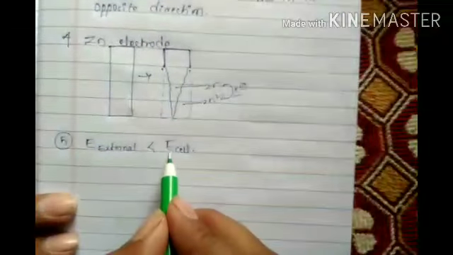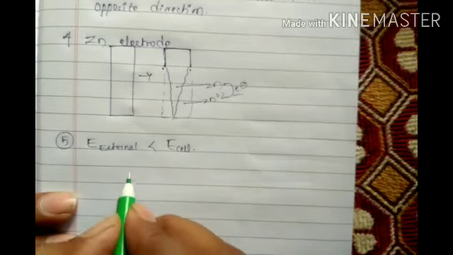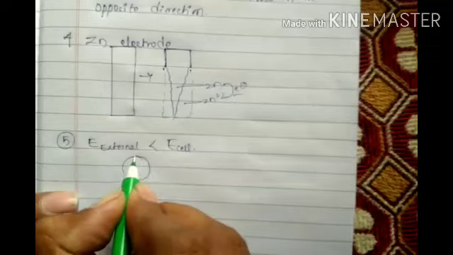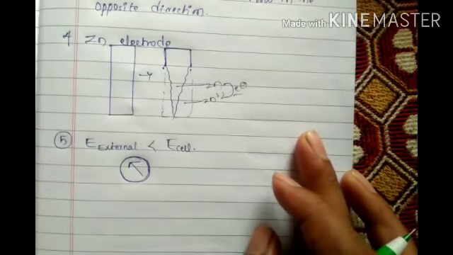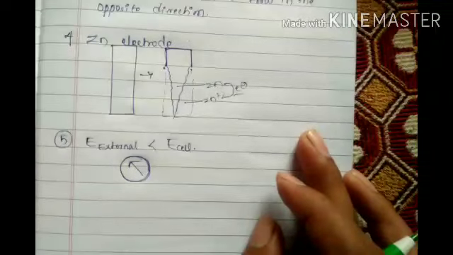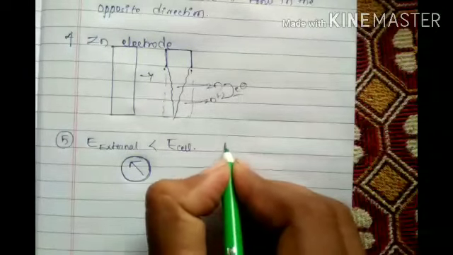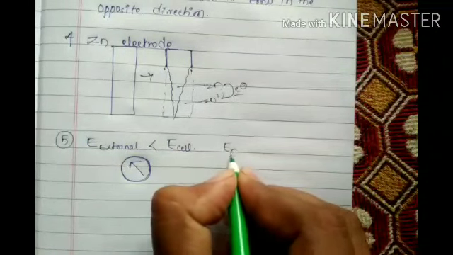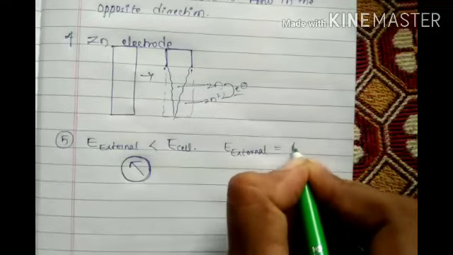So for example, if E cell is producing more, then we have to show the symbol like this: the arrow mark turned a little to the left side. Next, for example, E external equals E cell.